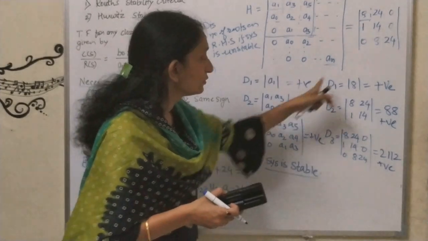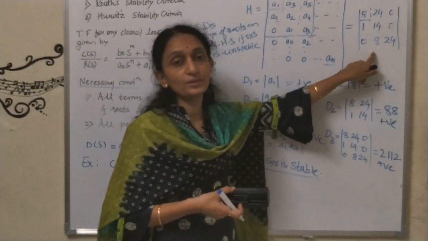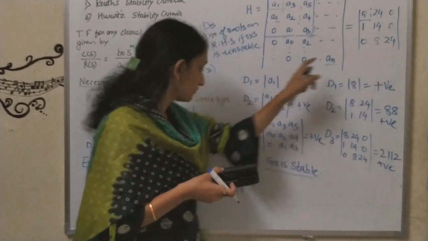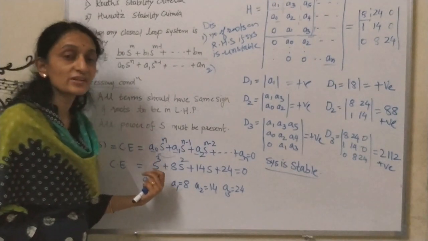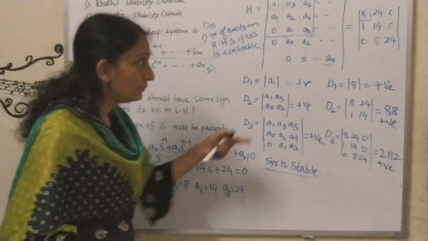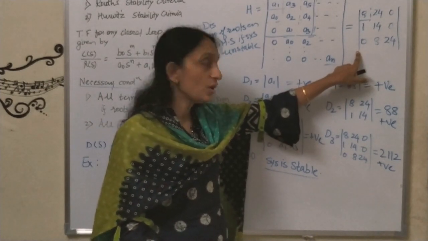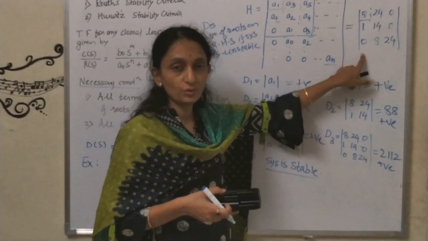Okay, number two, if the size of this Hurwitz determinant increases. We know if a 3 by 3 determinant is there, then we can easily calculate the subdeterminants as well as the 3 by 3 determinant. If the order of this characteristic equation is 4, it will be difficult to calculate a 4 by 4 determinant, or you must know some method to calculate a 4 by 4 determinant.